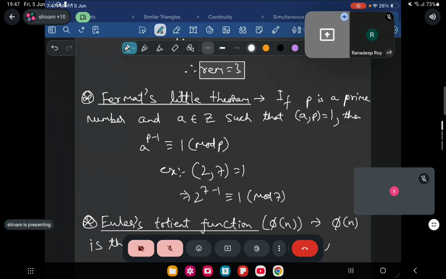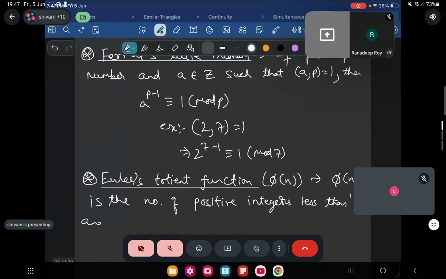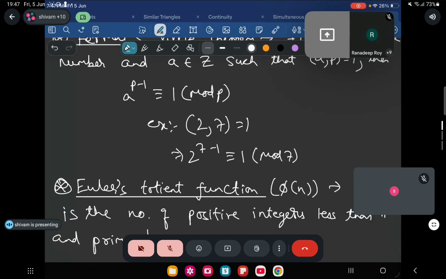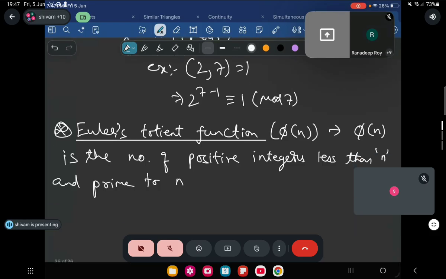Phi of n is the number of positive integers less than n and prime to n.